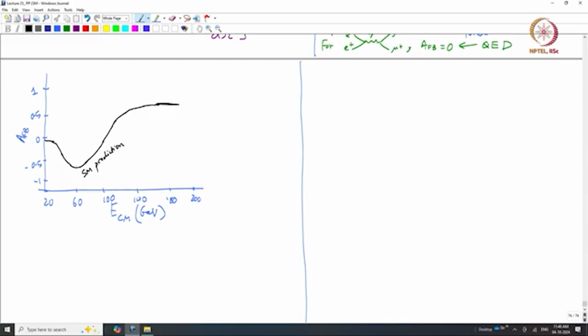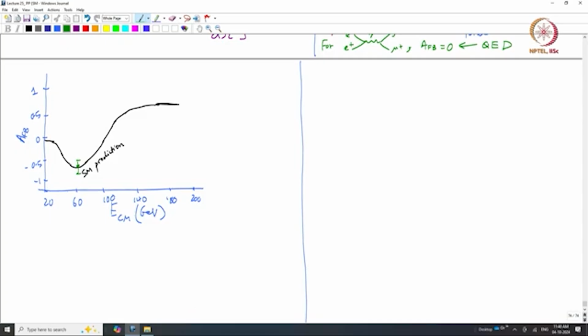On top of this, I'm going to draw some data points from the LEP collider, for instance. I may not be drawing this very accurately, but you get the idea. So this is a data point. What does the bar mean? That's literally an error bar.